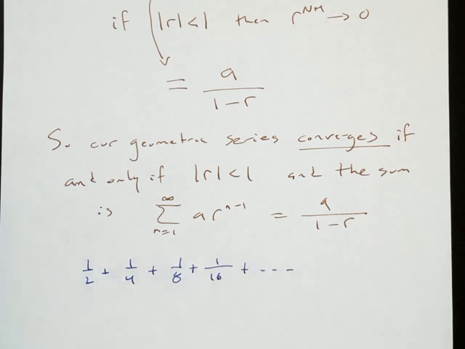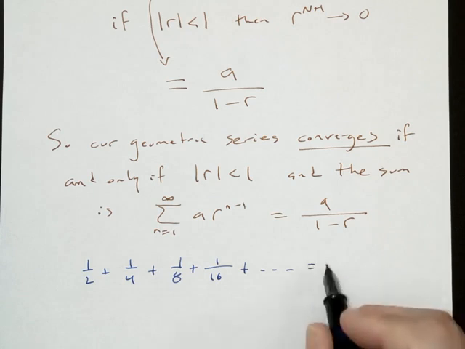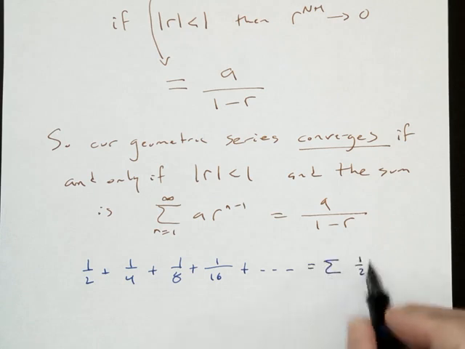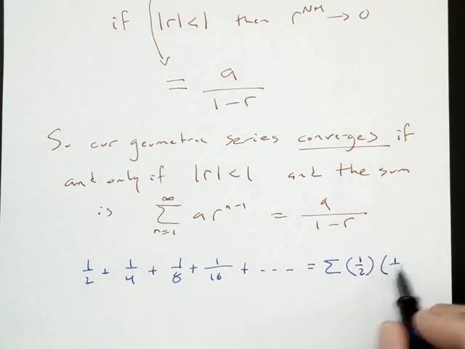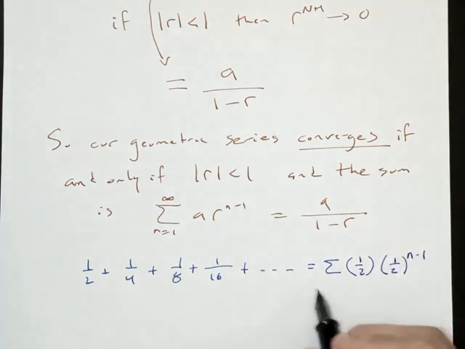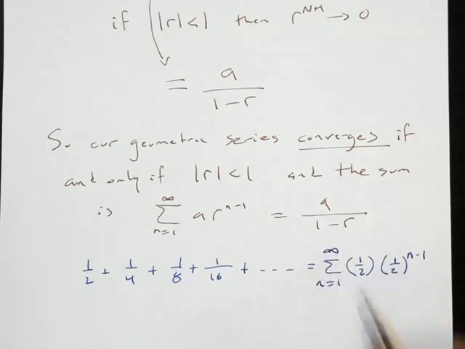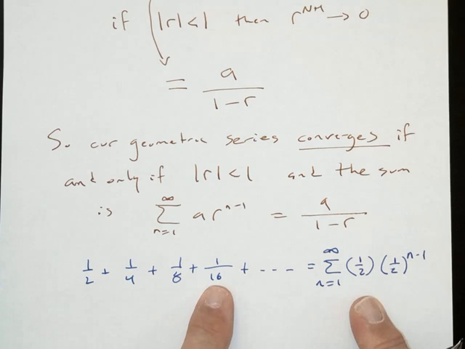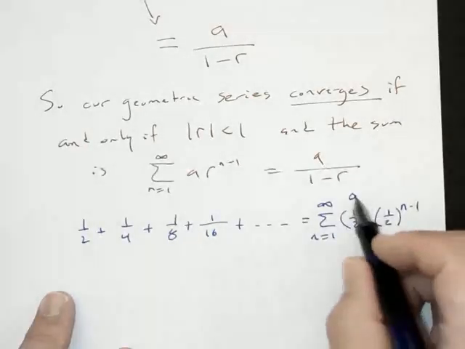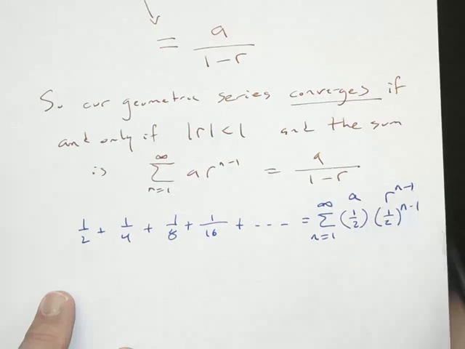We said that could be written with a equal to 1/2 and r equal to 1/2. One half times a half, 1/2 times 1/2 squared, 1/2 times 1/2 cubed. Let's apply our formula. Our formula says a over 1 minus r.